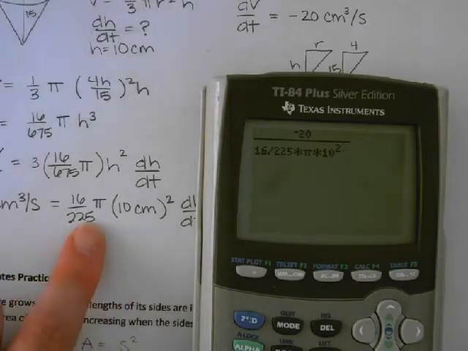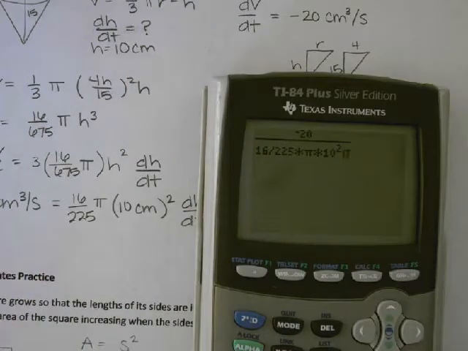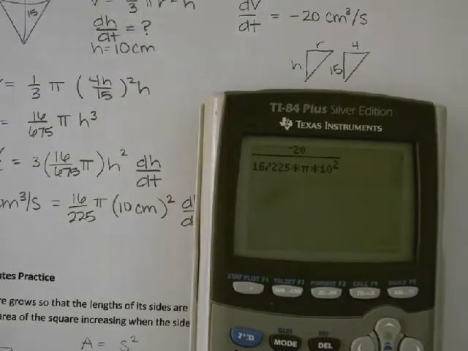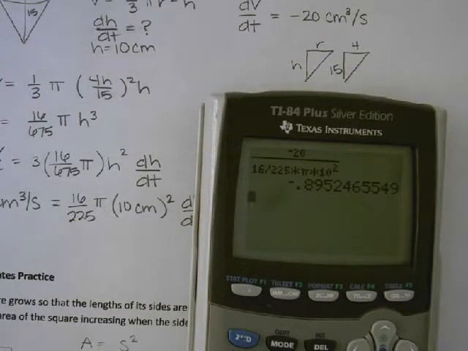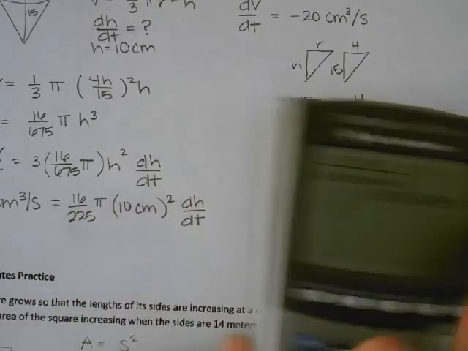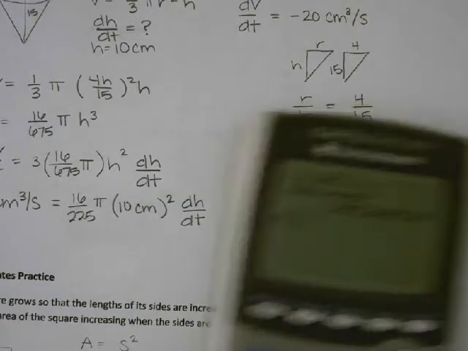So I'm just typing in this on top, and I'm dividing all this stuff over. Yep, I just took this whole chunk of stuff that was in front of the dh/dt and divided it over. Yeah, the whole thing. Then what happens to the units?